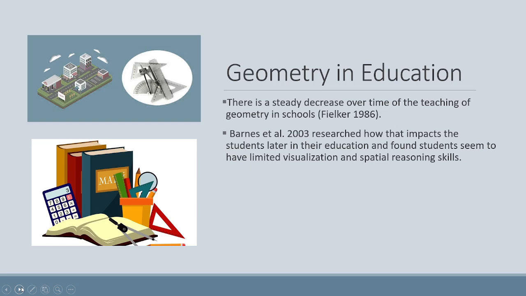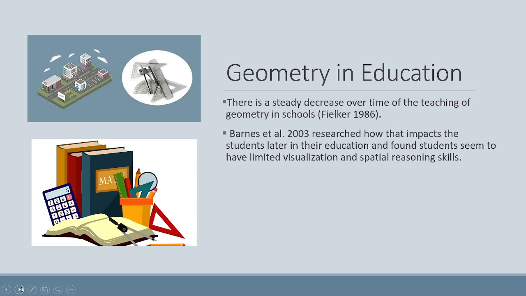So how do we see this geometry in education? We see that there's a steady decrease over time, actually, in the teaching of geometry in schools. This is researched by Falker in 1986, talks about the decrease over a span of over 50 years, seeing that gradual decrease.